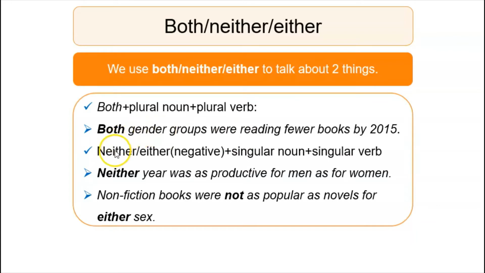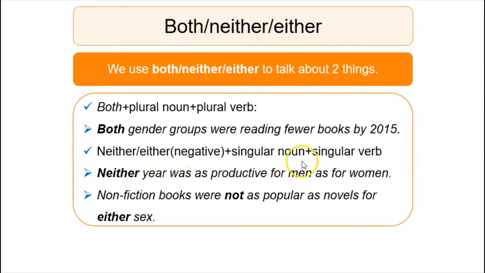Okay, now neither or either takes a negative meaning. Okay, so it's neither or either plus a singular noun plus a singular verb. Okay, the example we had, neither year, so year is a singular noun, right?